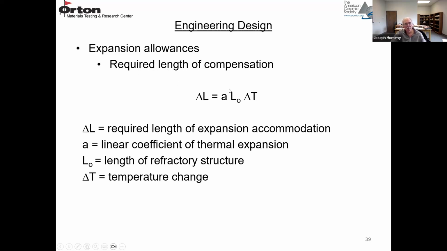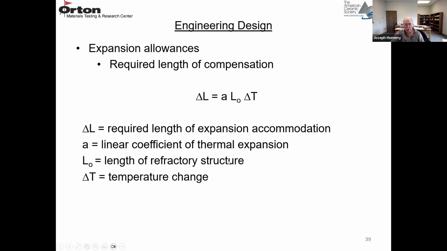So here is a very simple equation that you can use to see what kind of change in length there is during the heat up. Delta L is the length change that you have to accommodate during the heat up. A is the linear coefficient of thermal expansion.